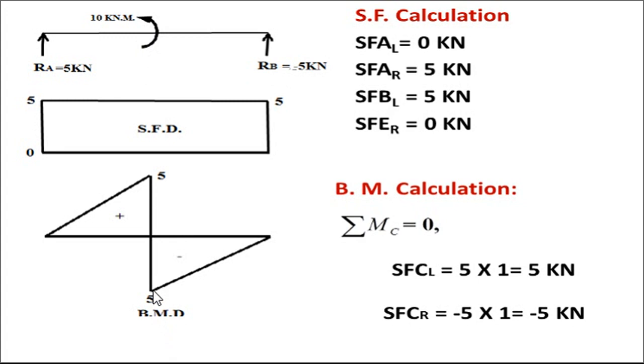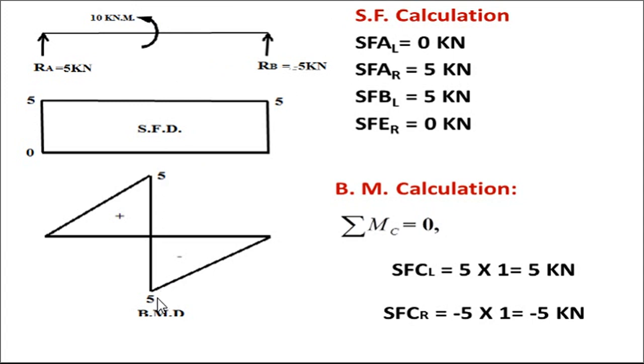From this side it is plus 5 and here it is minus 5. This 5 is plus, because we have taken 5 into 1, plus 5, and it is an anti-clockwise moment of 10, so plus 5 minus 10, it will be minus 5.